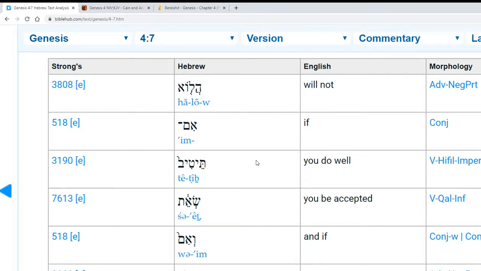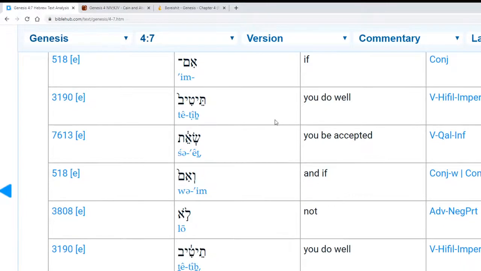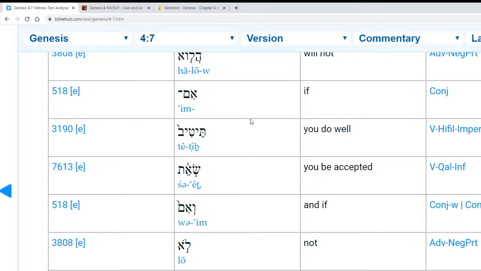In the imperfect, meaning it's not a completed action, it's an incomplete action. When we say perfect and imperfect, we're actually saying complete and incomplete. I know the word perfect kind of means something different in English. Tetev, if you improve. Se'et.